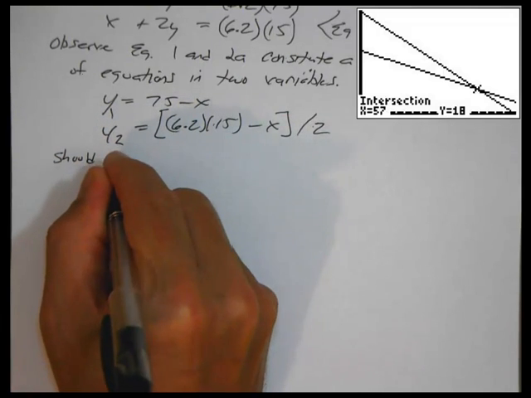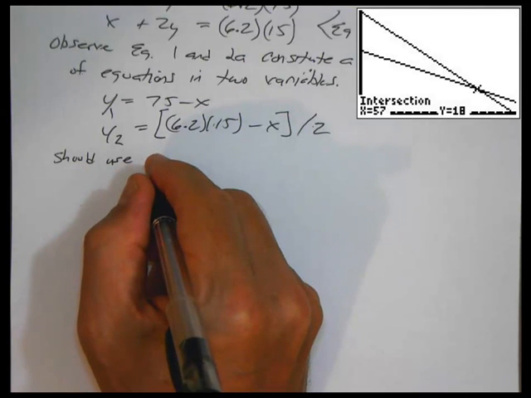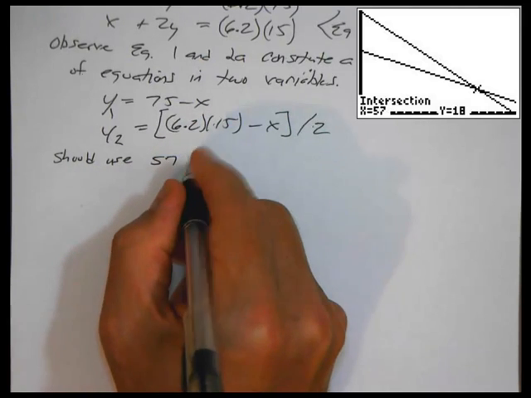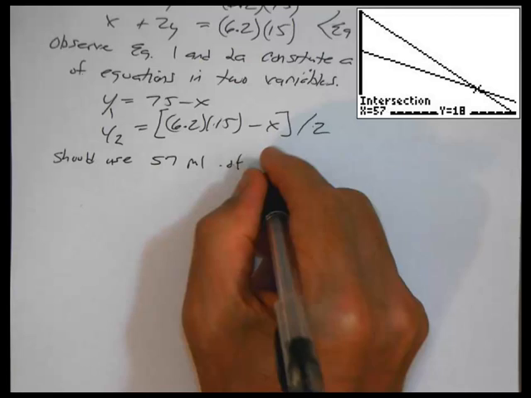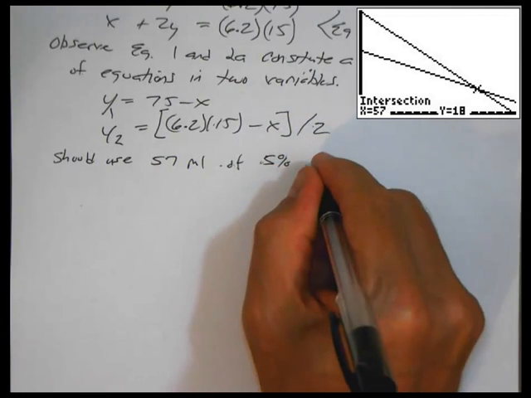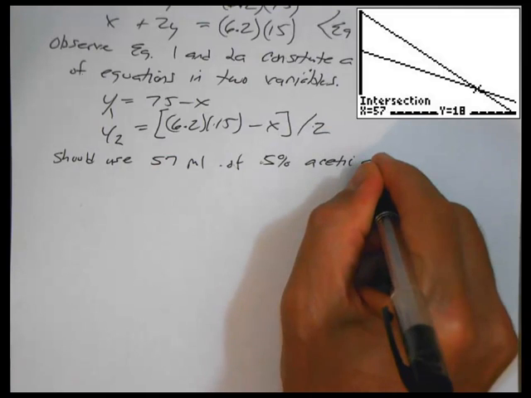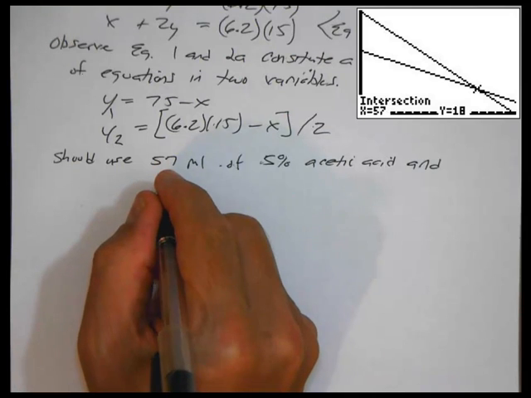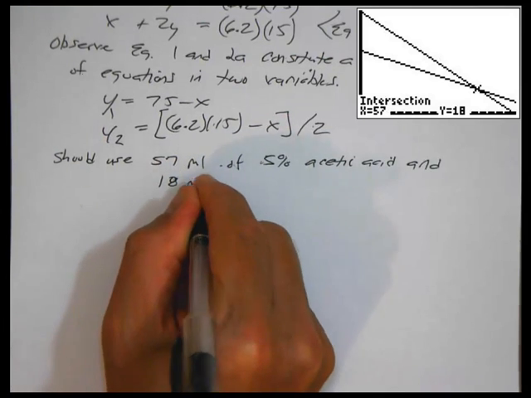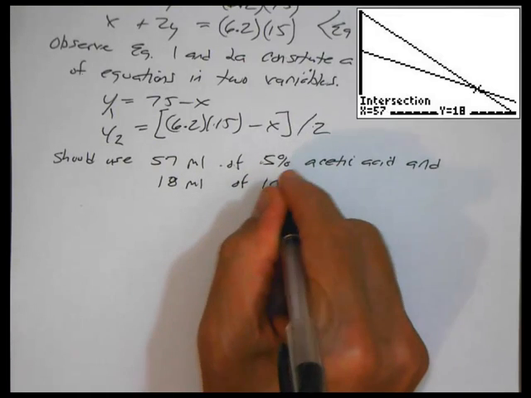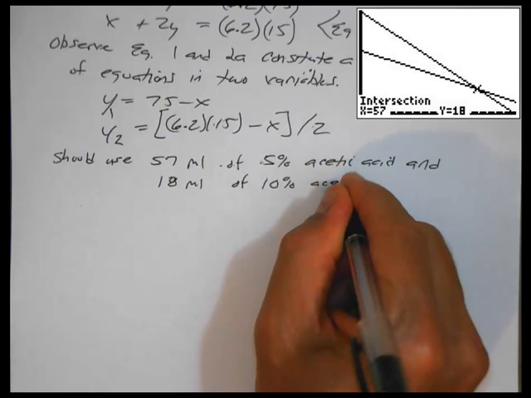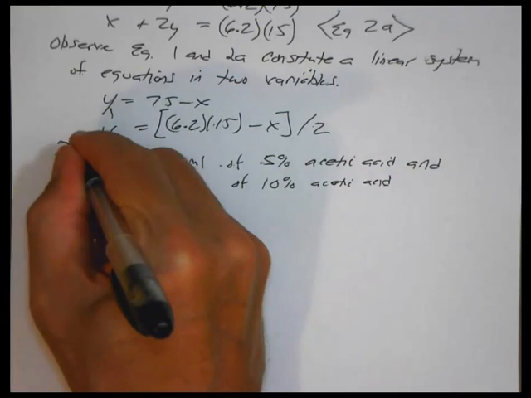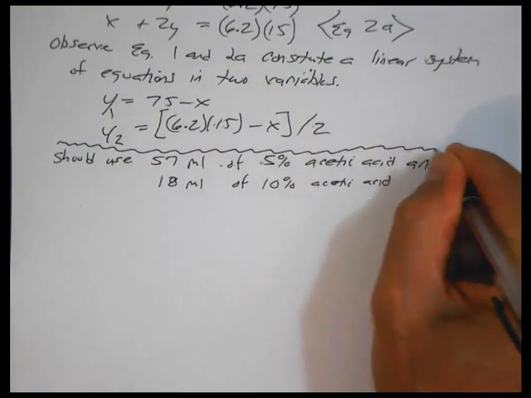Should use 57 mLs of 5% acetic acid and 18 mLs of 10% acetic acid. This is our major conclusion.